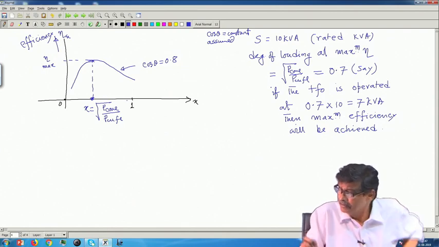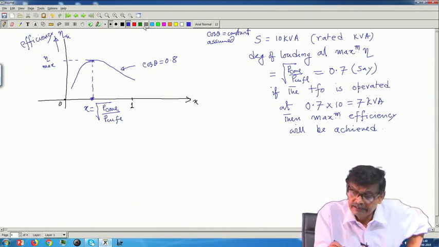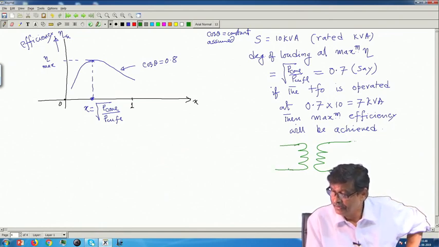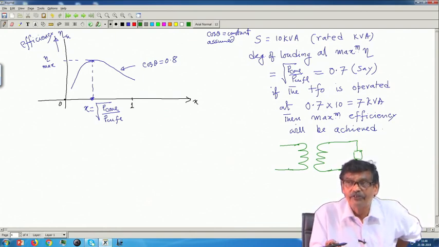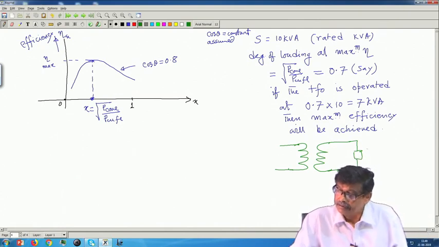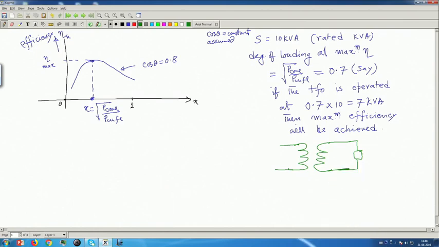What does that mean? It means that this is your actual transformer, when you do this exercise of loading it. How, keeping cos theta constant, can I vary the current, the degree of loading? Any impedance such that you can vary the current: the magnitude of Z I will vary, keeping theta constant.